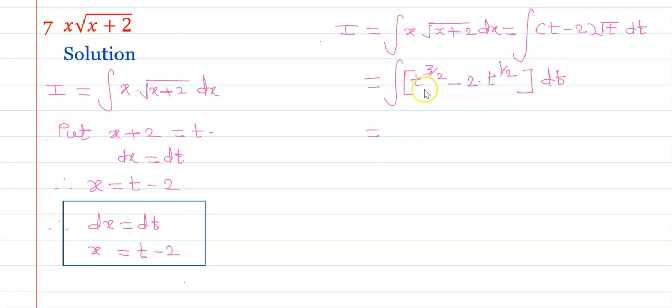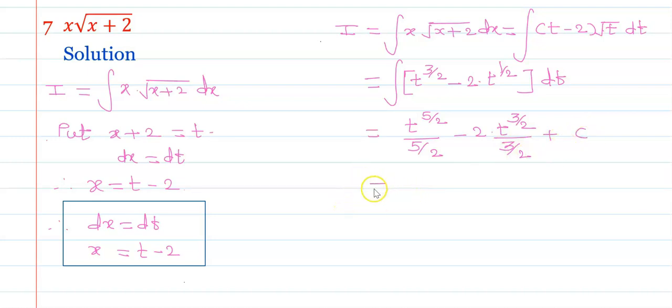Now the integral of t raised to 3 by 2 is t raised to 5 by 2 upon 5 by 2, minus 2 into t raised to 1 upon 2 plus 1, that is t raised to 3 by 2 upon 3 by 2, plus c.